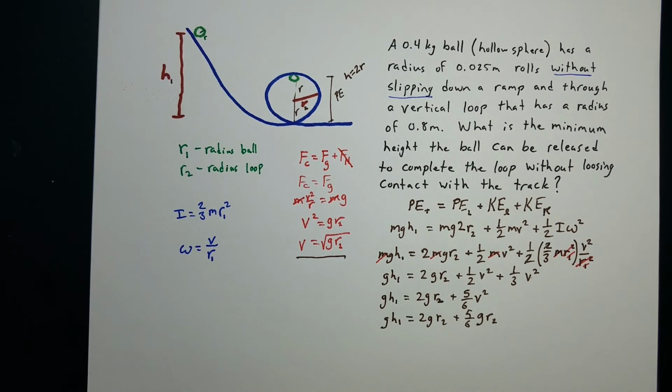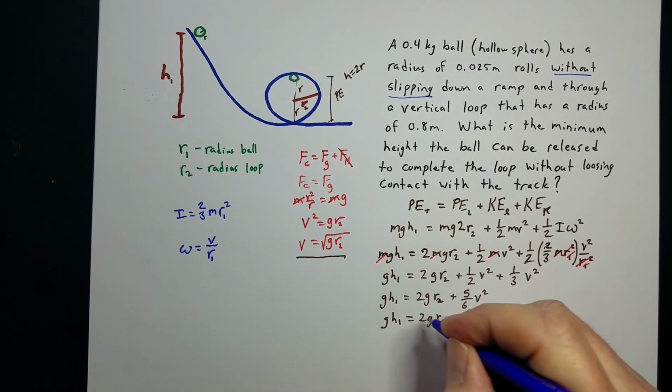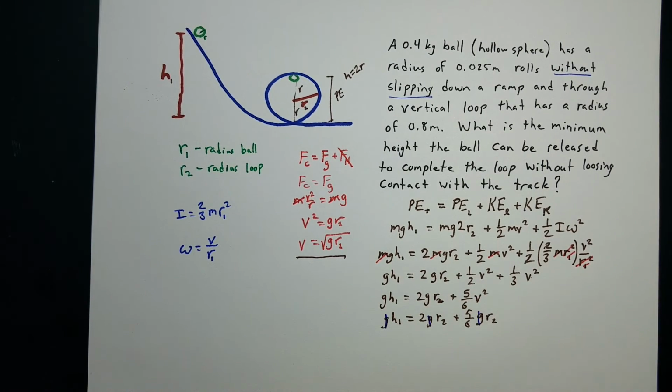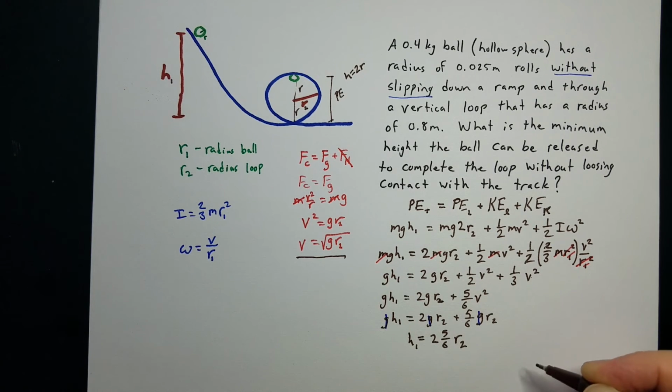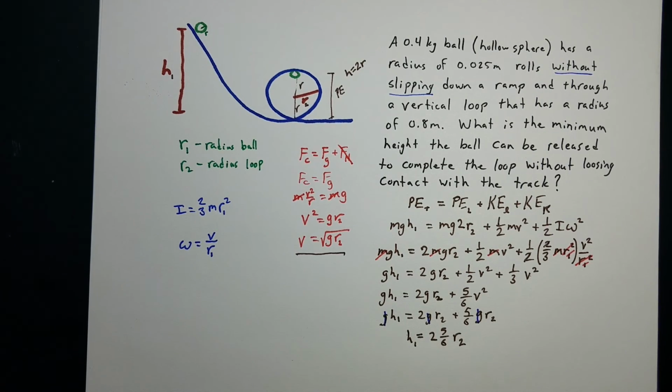We can actually eliminate the gravities out of this, that and that and that. What we end up with, when it's all said and done, is that the height we have to drop it from is equal to 2 and 5/6 the radius of our loop. Bam! Got it done.